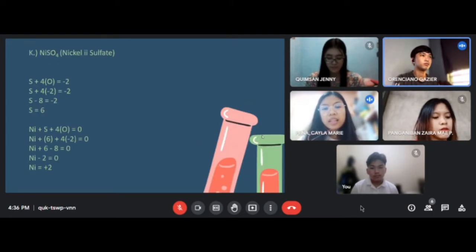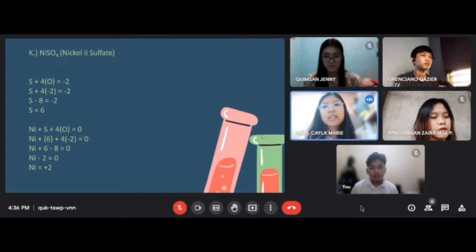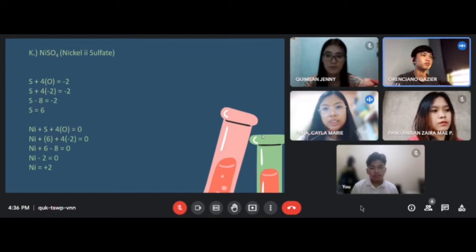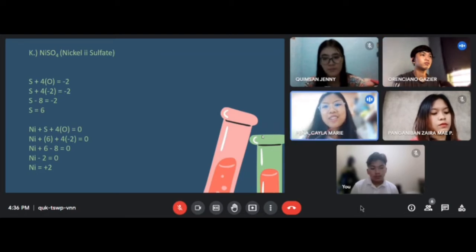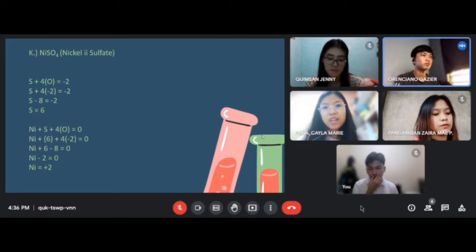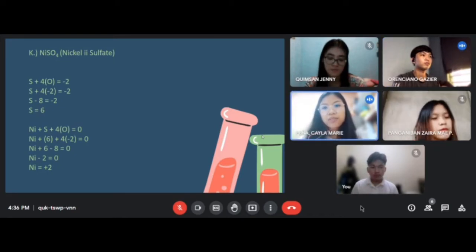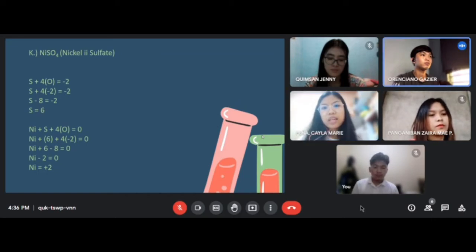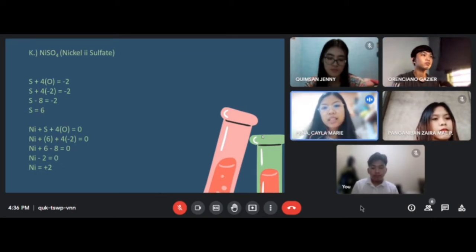Okay, NiSO4 or nickel 2 sulfate. Since SO4 is a polyatomic ion, hence the charge must be equal to -2, which is their ionic charge. S plus 4 times oxygen is equal to -2. Then substitute the oxidation number of oxygen, which is -2. So we have S plus 4 times -2 is equal to -2. Then S minus 8 equals -2. Then transpose lang natin yung -8.